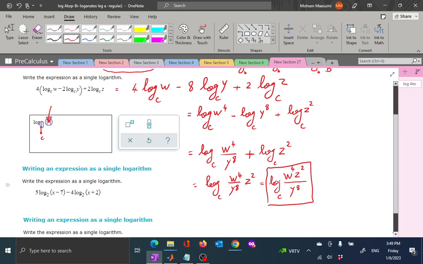Again, we are lucky that the base is all the same, so this is all equal to logarithm base 2 of, so 5 is the exponent of this entry, x minus 7 to power of 5. 4 is the exponent here, and then the subtraction, just as we said, means you're taking a ratio.